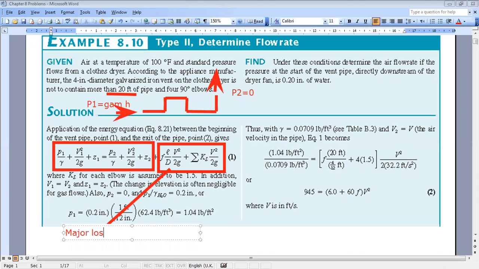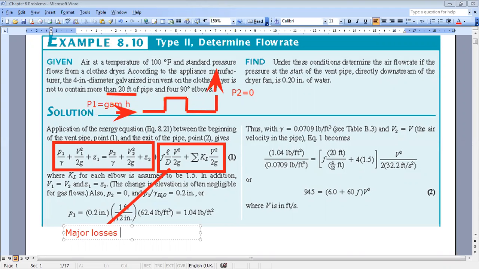And why they say they are major, because in general, any system, due to the length, will have losses induced. And these losses will be in general dominant over minor losses, especially if you have a very long piping system.